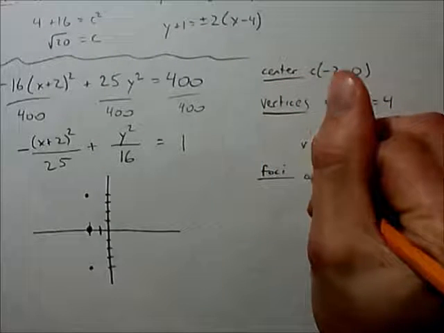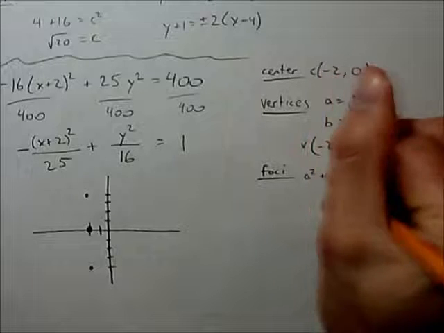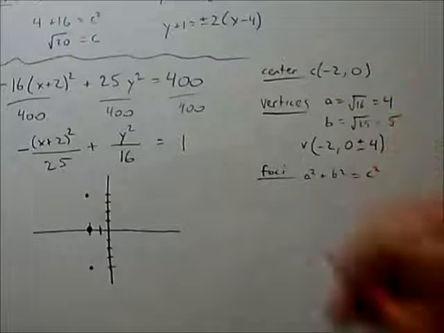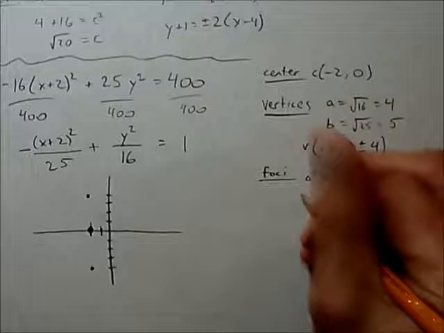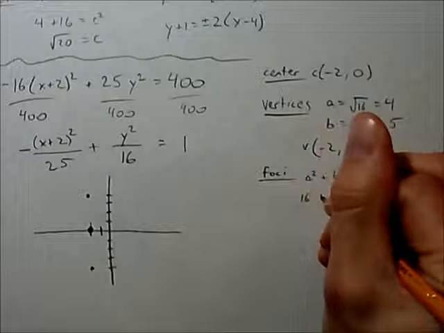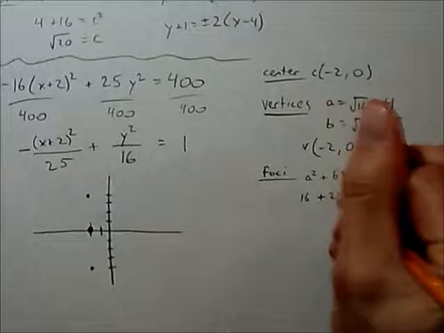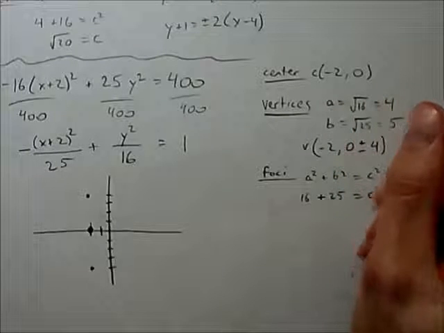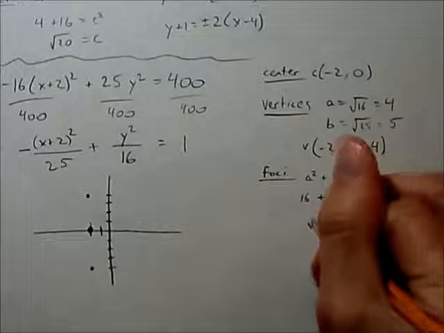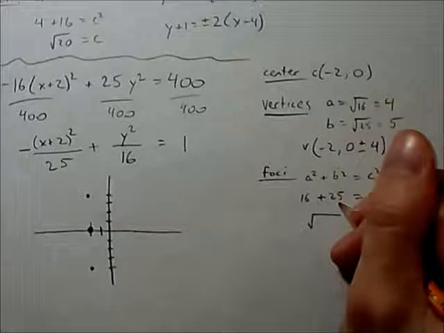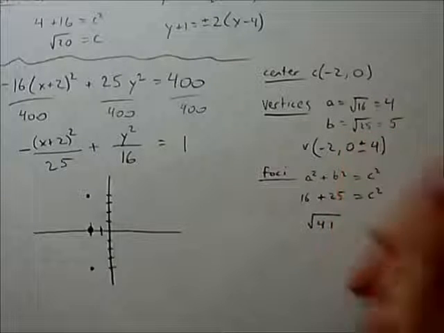Okay, now we need to find the foci. To do that, we need c. A squared plus b squared equals c squared. So a squared would be 16, b squared would be 25. That means c squared is 16 plus 25, 41, so c is the square root of 41.